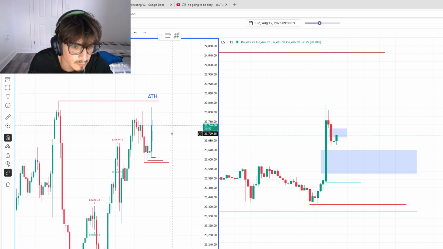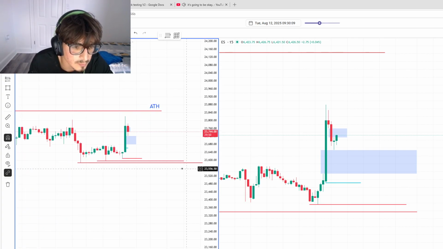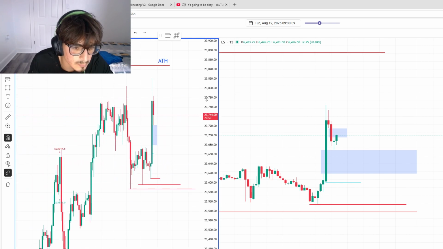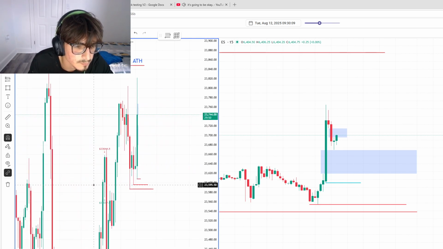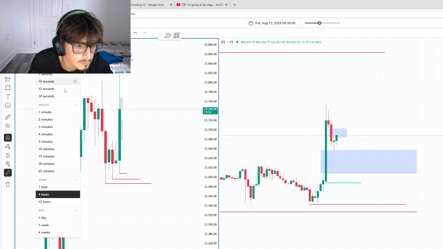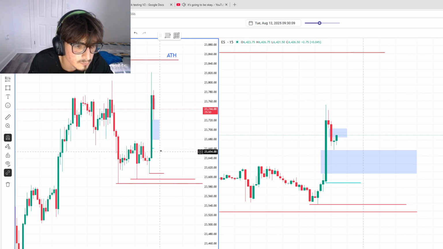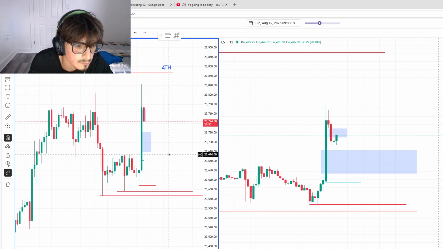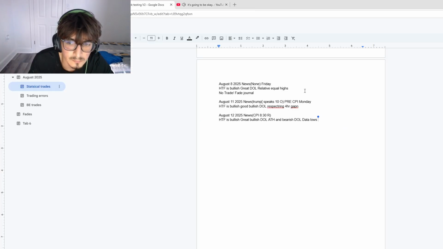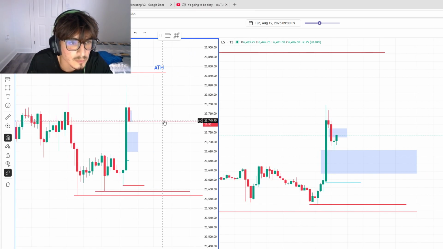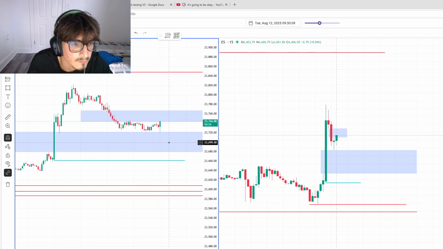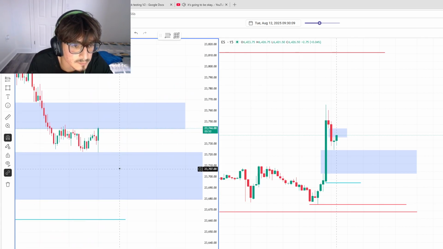So for right now, the higher time frame is more bullish. Bullish, good draws. So for right now, we're gonna be looking for some longs.